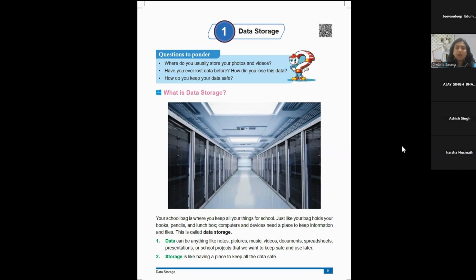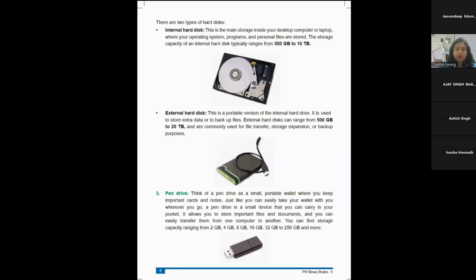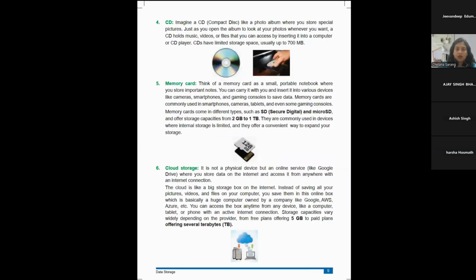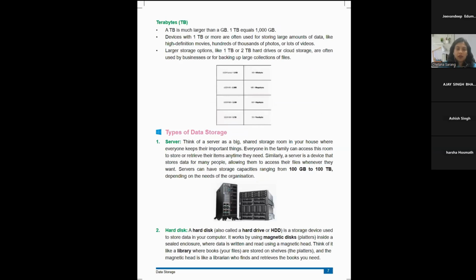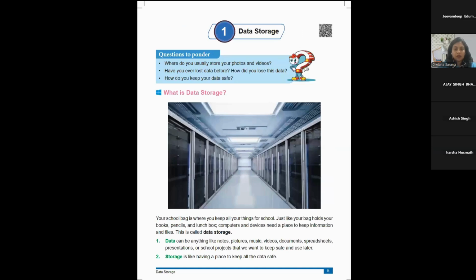So it is a server rather, which has multiple servers, and it's a big room. It is called a data center, which talks about the cloud storage. Okay, so let us quickly jump into the storage. Then we'll come back to these. All of us know what are hard disk and CD, memory card. We'll come back to them later. Let us discuss in depth about the cloud and come back to this page.